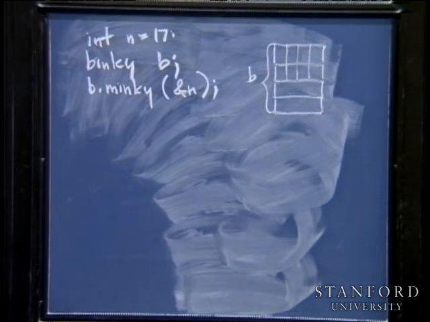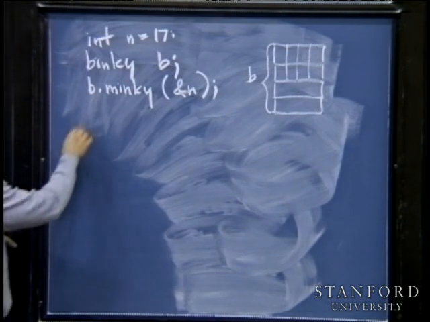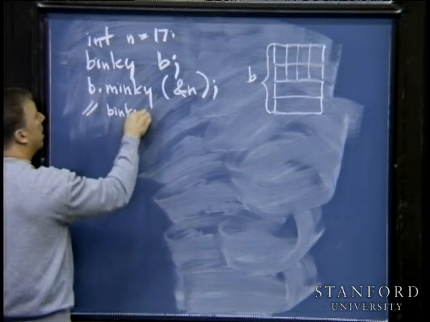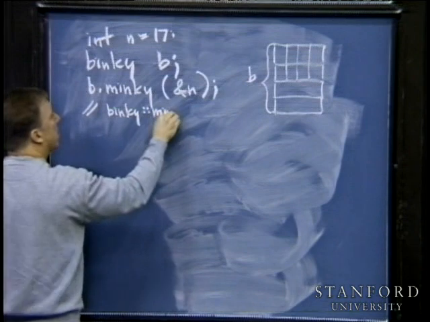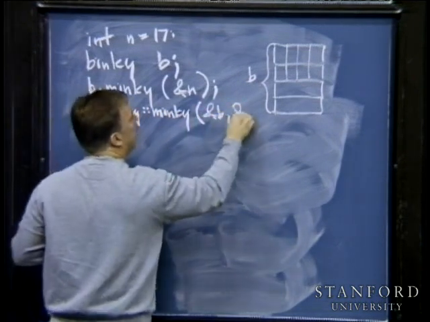What really happens on your behalf is that it calls the Minky function not with one argument, but with two. It actually passes the address of something that has to be a Binky class or a Binky struct as the 0th argument. So whenever you see this in C++, what's really happening is that it's calling the Minky function, passing in the ampersand of b and the ampersand of n.